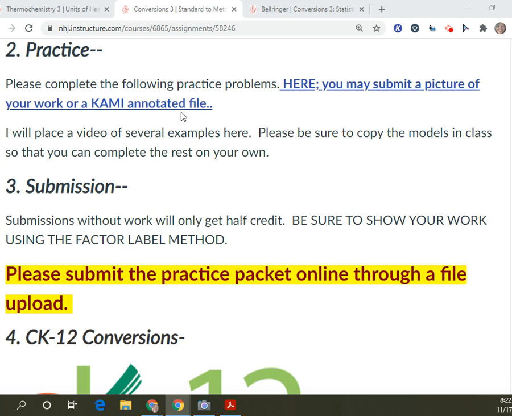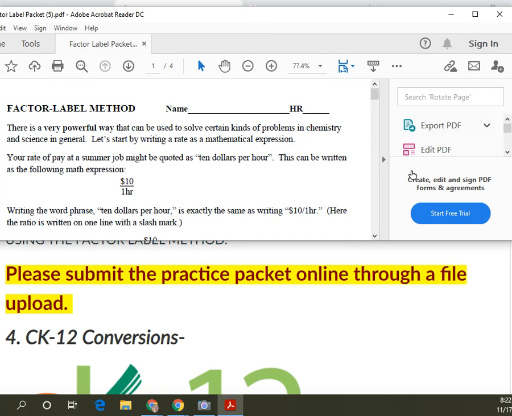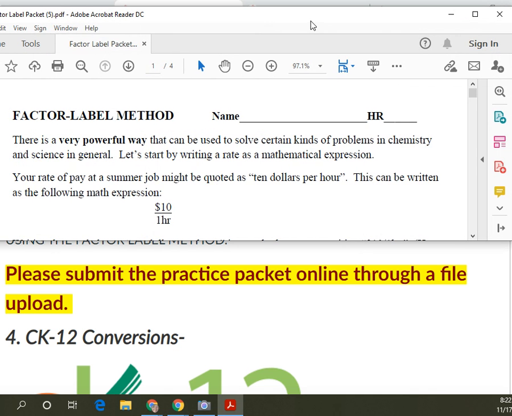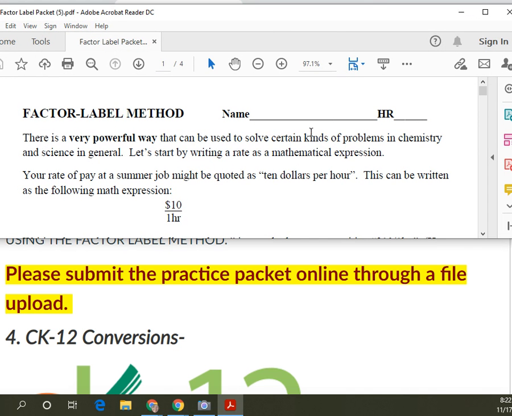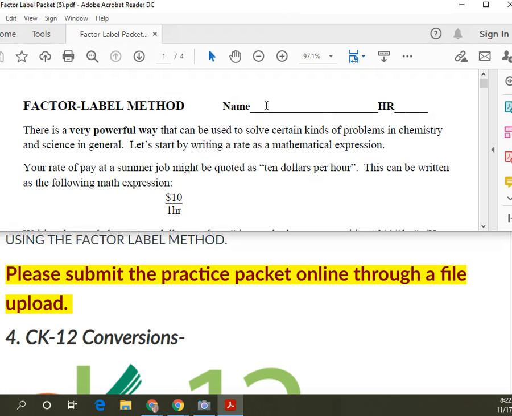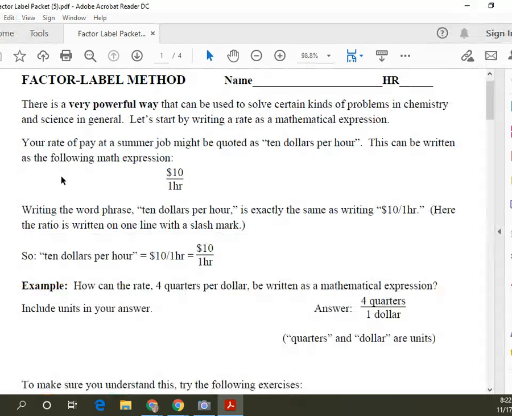All right, so when you open this practice, you will have it right here, and let's go ahead and go through this together. The factor label method is a good way to do conversions.